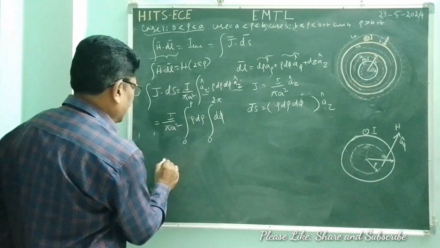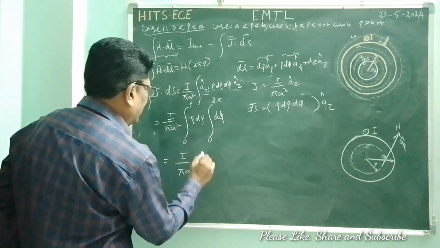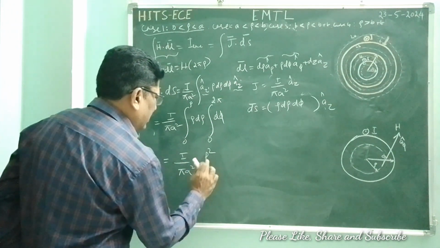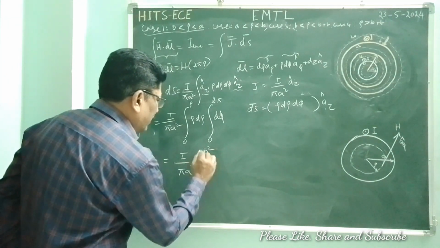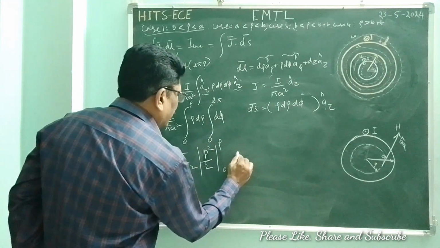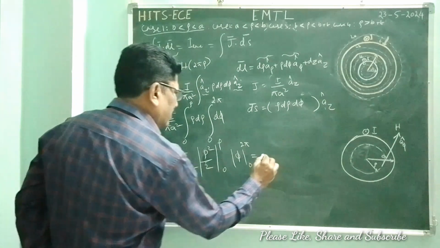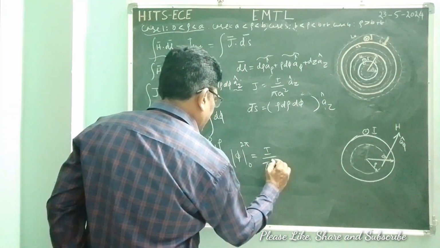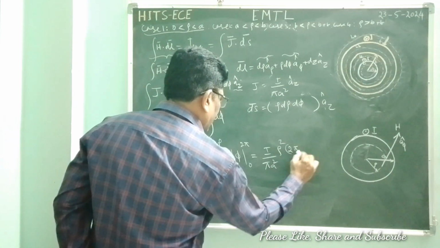After integrating, we get I by pi a square, rho square by 2 from 0 to rho, and phi from 0 to 2 pi, which is equal to I by pi a square rho square by 2 into 2 pi.